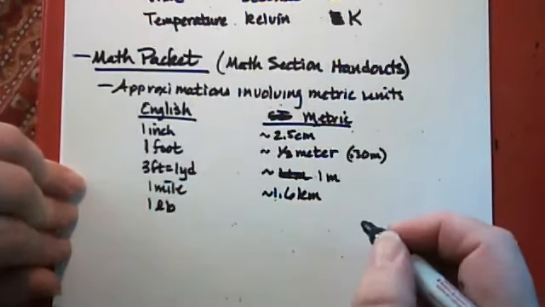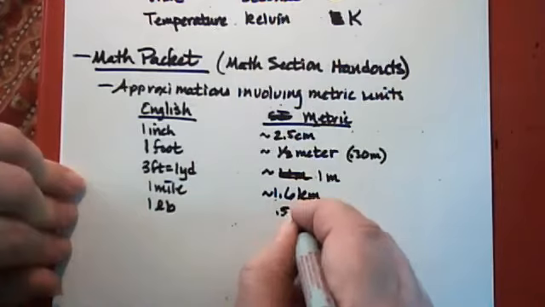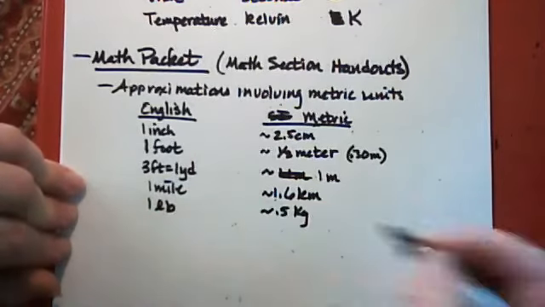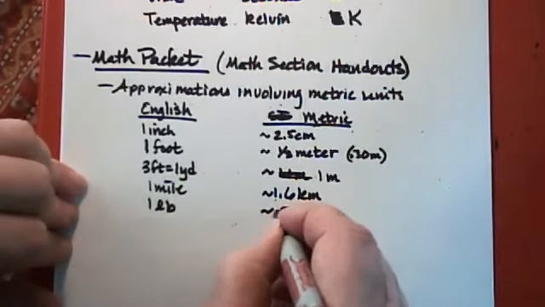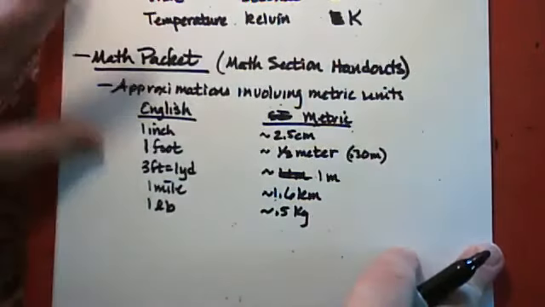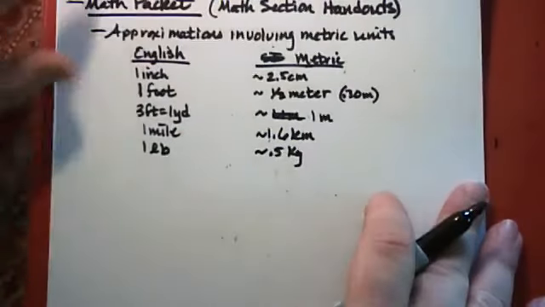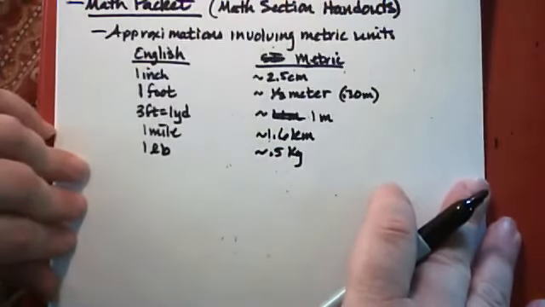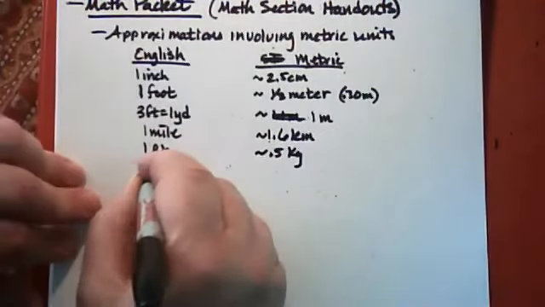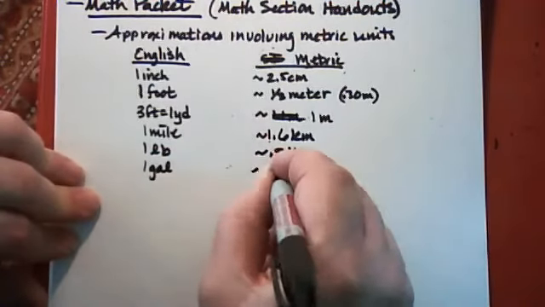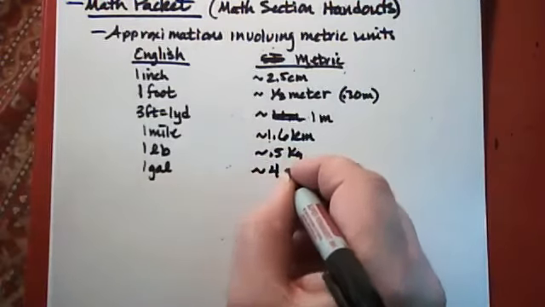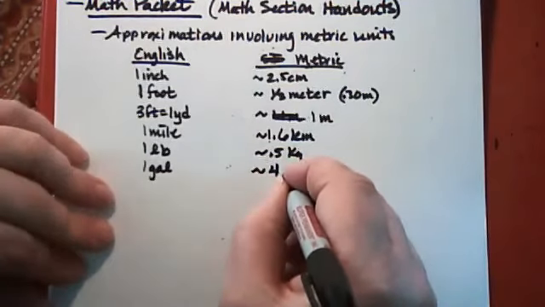1 pound would be approximately 1/2 kilogram. So like I said, 1 kilogram is 2.2 pounds approximately. One gallon is 4 quarts, and as it turns out, a quart is just about a liter.